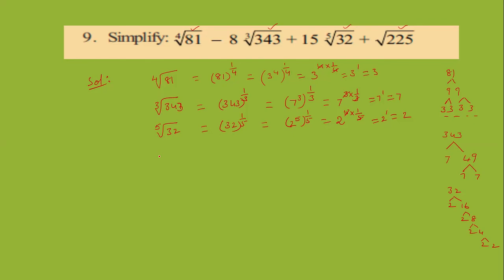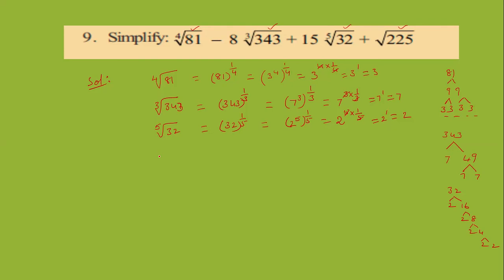In this manner, you may move to the third term. What is there? The 5th root of 32 is in the form of radical. Now you rewrite this as 32 to the power of 1 by 5, the exponential form. How do you rewrite 32? Already you know how to divide it into factors. 2 16s are 32, 2 8s are 16, 2 4s are 8, and 2 2s are 4.